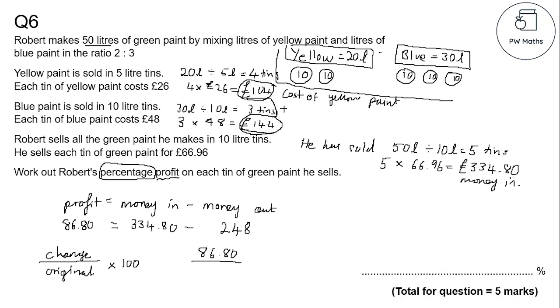Now that's where we could go wrong. The original cost of the paint, this 104 and 144, is this 248. That of course is a fraction. And to change a fraction into a percentage, we just times by 100, pop it in the calculator, and it says that we've made a 35% profit.